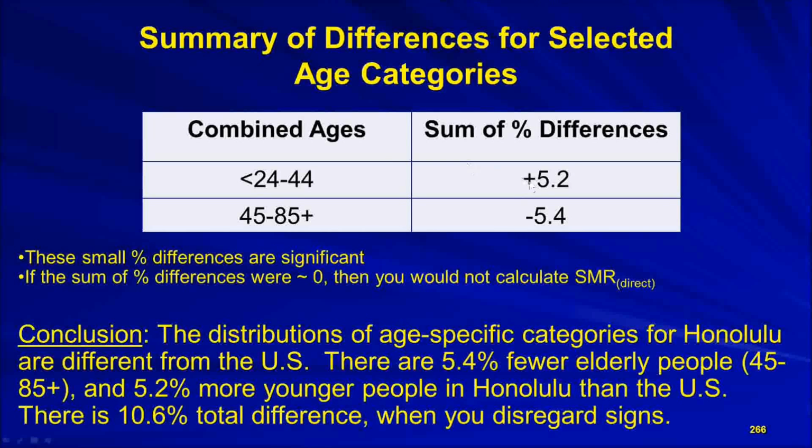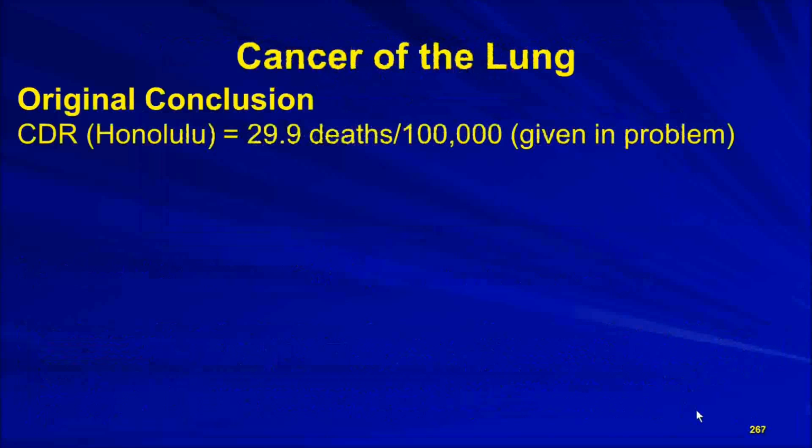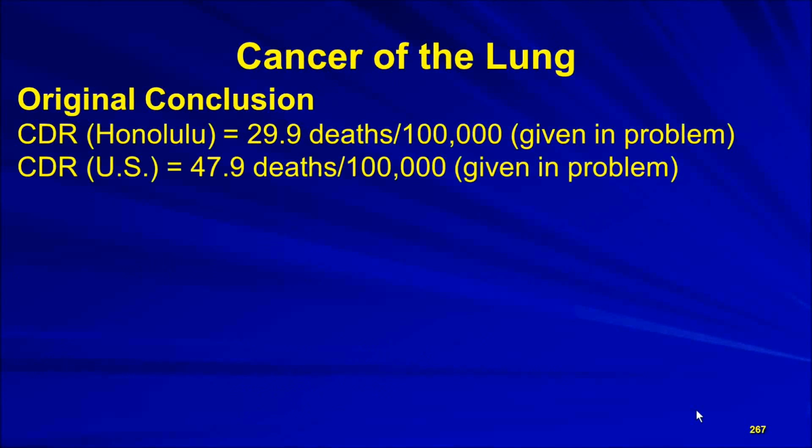So we're going to disregard the plus, and we're going to disregard the minus, and you're going to see very quickly that there is a 10.6% total difference when you disregard the sign. So we have more younger people in Honolulu than in the U.S., and that's what I was trying to get across. And hopefully I've stated that well and you understand that. Okay, let's move to the next step.